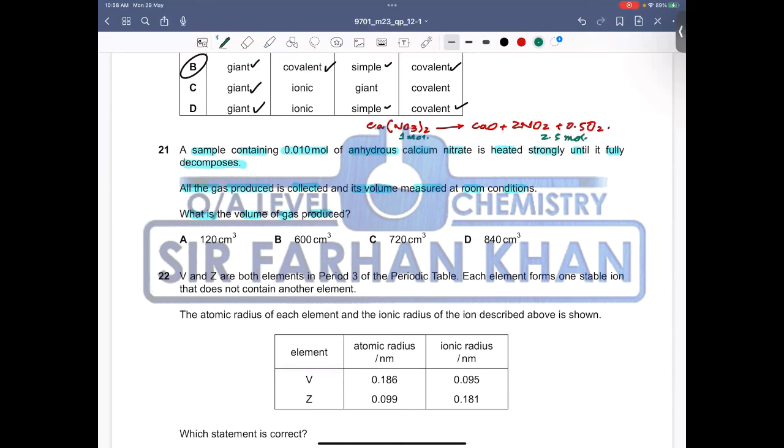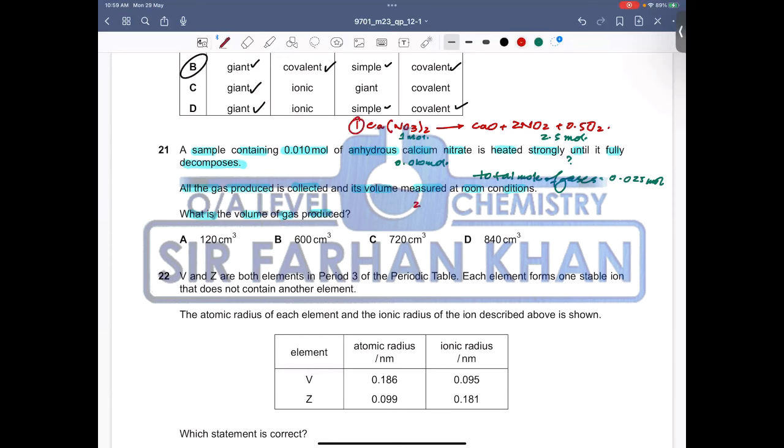So if you have 0.010 mole, the total moles of gases are 2.5 into 0.010, which is going to be 0.025 moles.